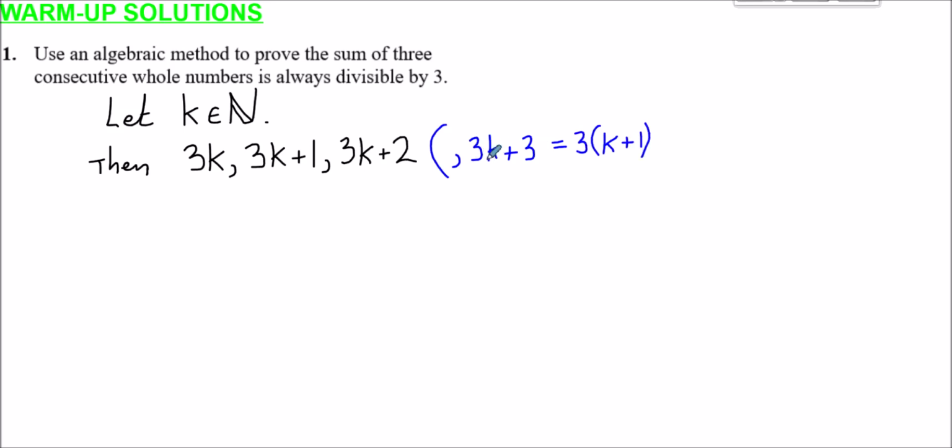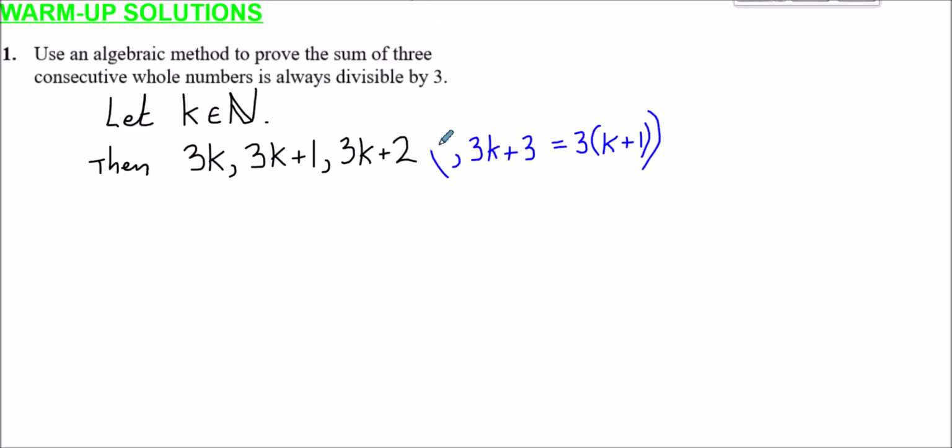And so this here would be a multiple of 3 as well, because it has a factor of 3 in it. And this one here, 3k, can be divided by 3. 3k divided by 3 gives you just k. So the idea is, by writing it like this, you can see that any row of 3 consecutive whole numbers will have to have a multiple of 3.